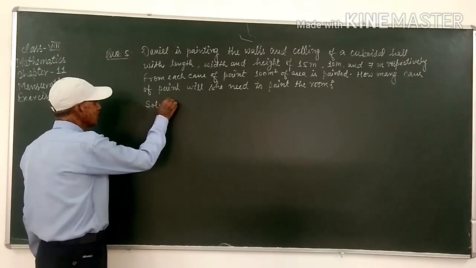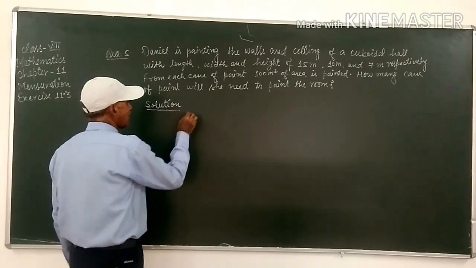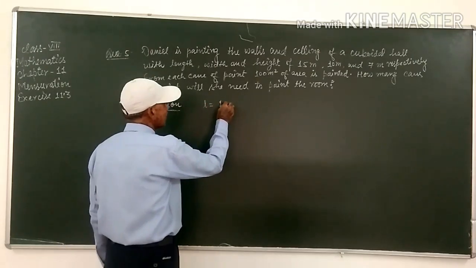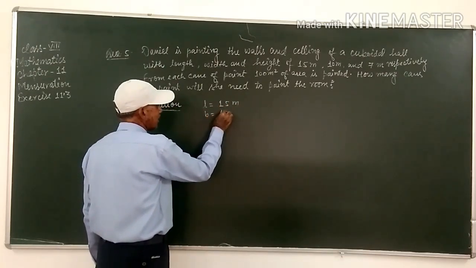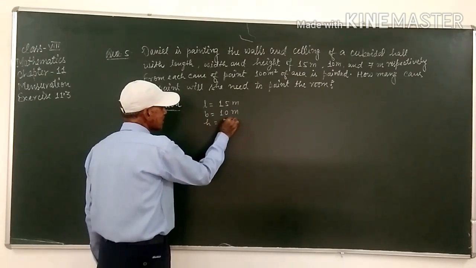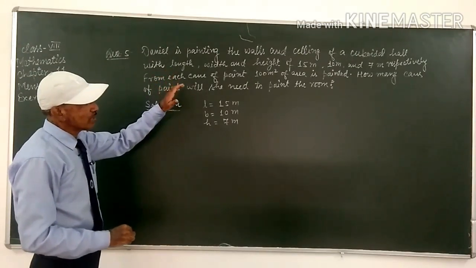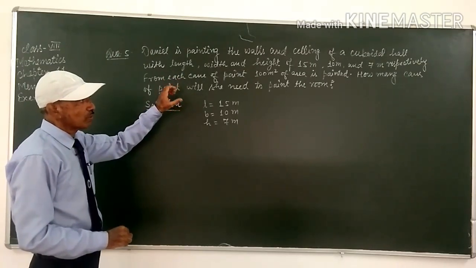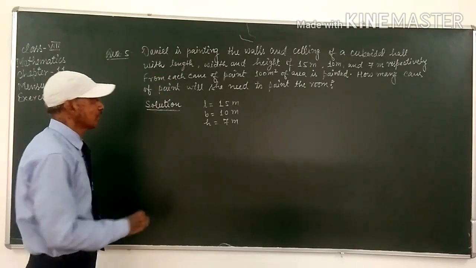So the solution: first, length is equal to 15 meter, width 10 meter and height of the room is 7 meter, student. Now this room is in the shape of a cuboid, therefore we have to find out the area of the 4 walls plus area of the ceiling.